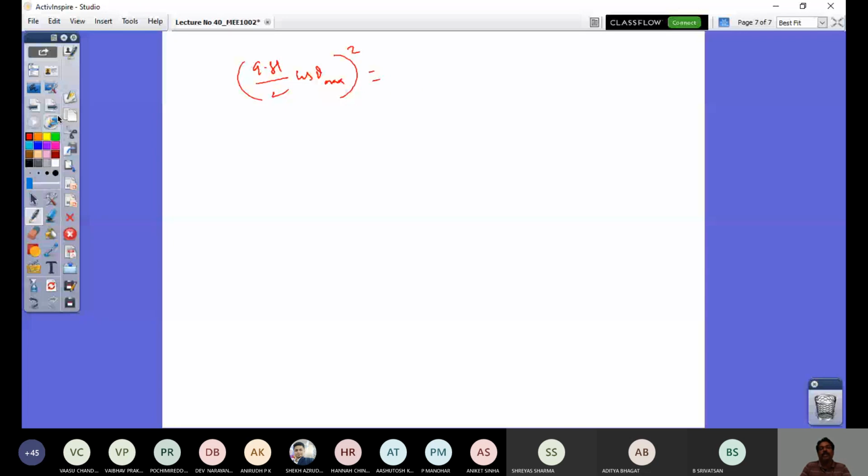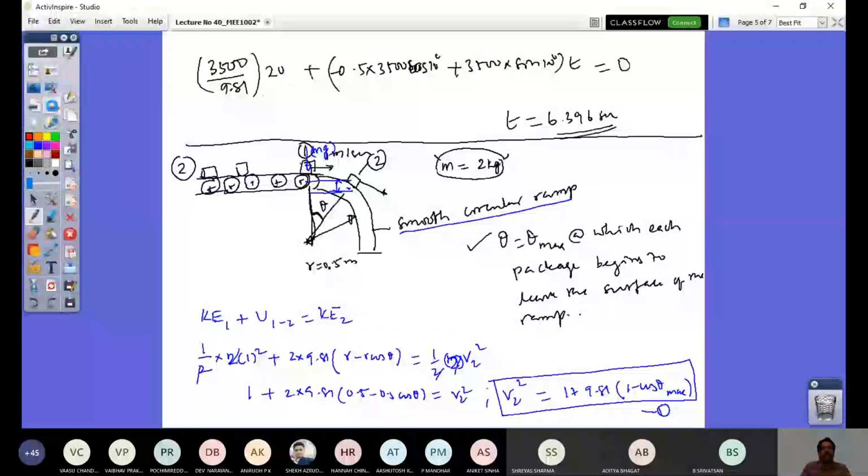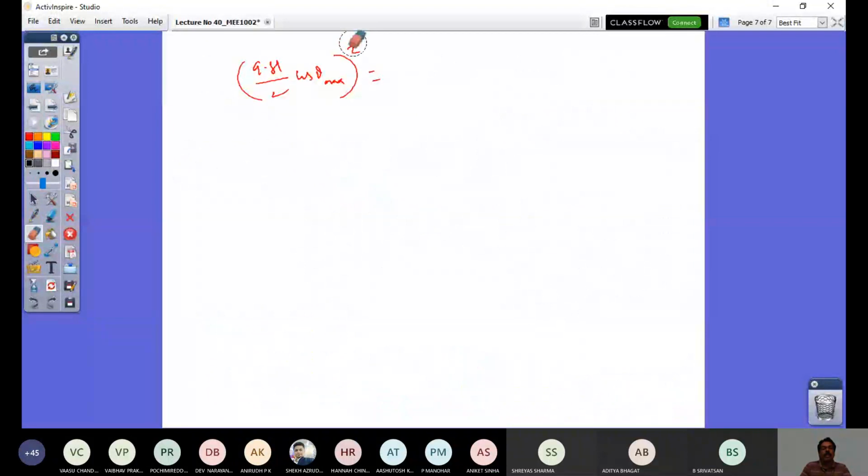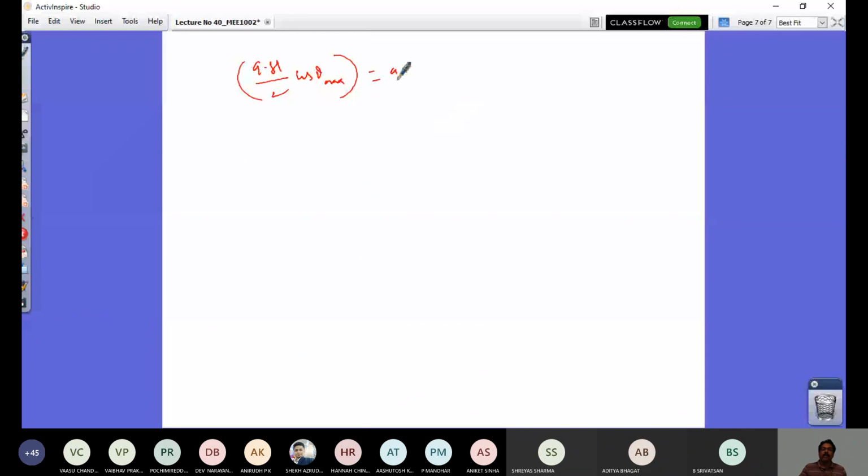It is V2 square, so it's not square. So that's equal to what was the other side that I had, 9.81 into 1 minus cos theta max plus 1. So solving this, I would be able to have my cos theta max value.